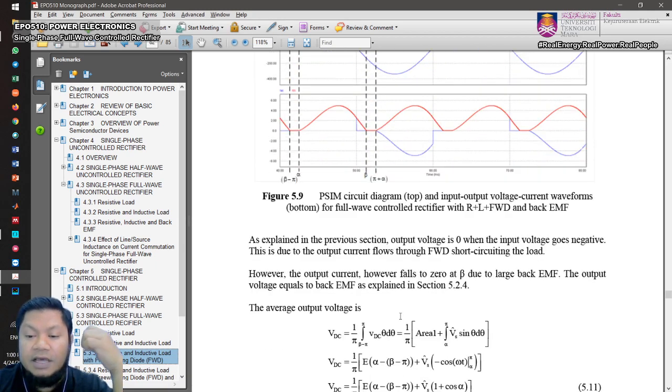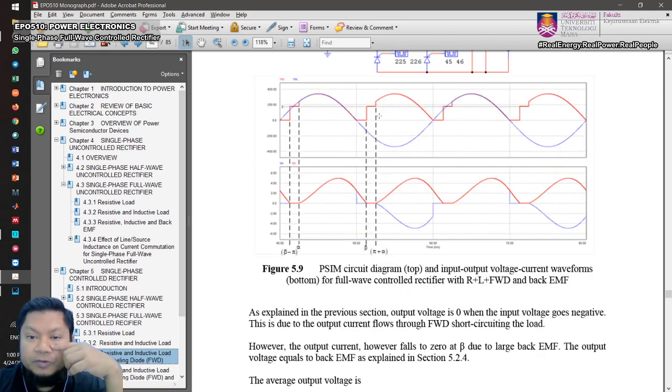So you can read this, and then again, if you want to get the average, now you have this area here. So this is area 1, which is a rectangle. It's just a matter of multiplying x by y, so E multiplied by alpha minus beta minus pi, if you like.